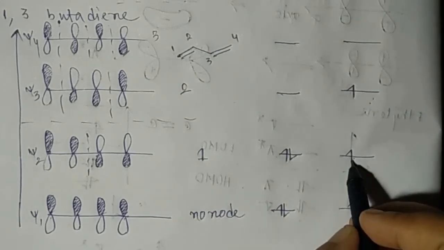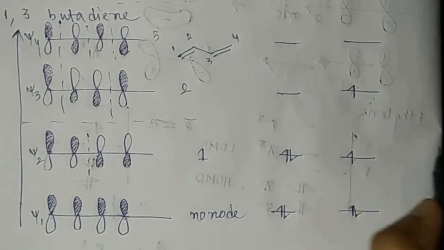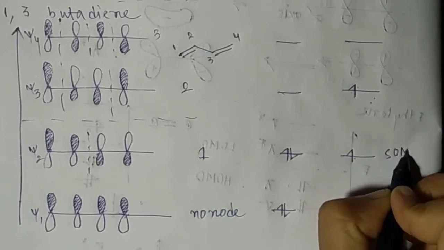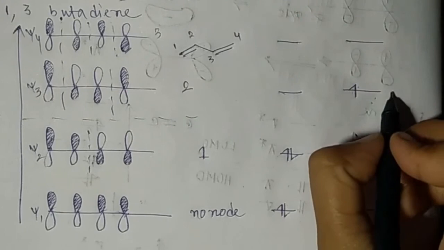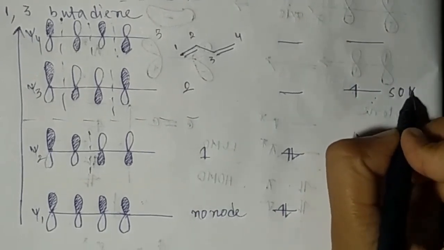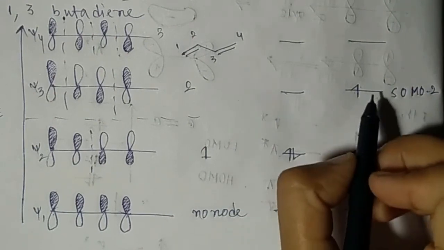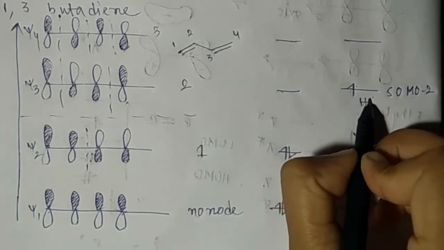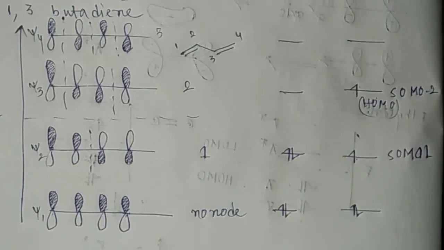As these 2 molecular orbitals have 1 electron each, we can say that this is SOMO 1, that is singly occupied molecular orbital 1, and this is SOMO 2, singly occupied molecular orbital 2. But this is actually the HOMO, as the highest occupied molecular orbital. So I hope you understand how to draw the pi MO of 1,3-butadiene.